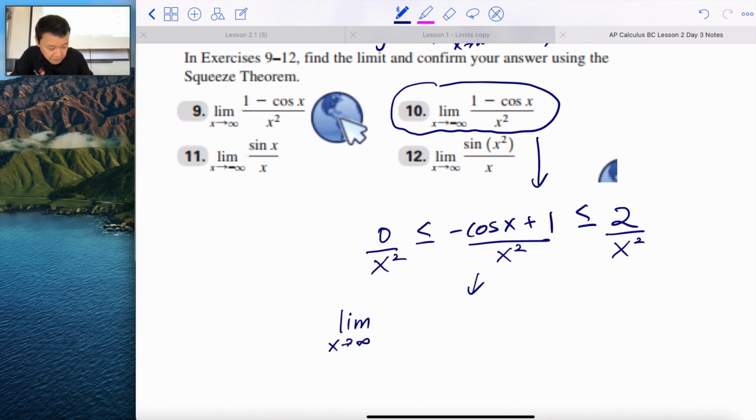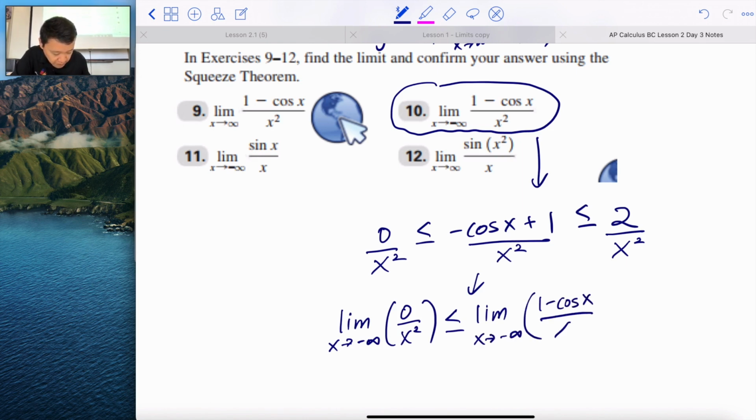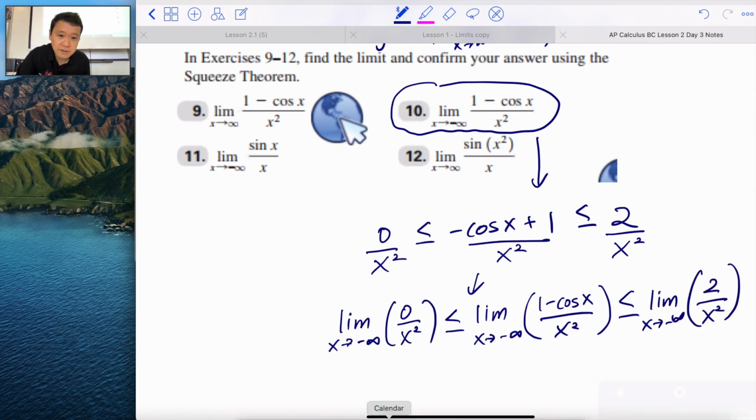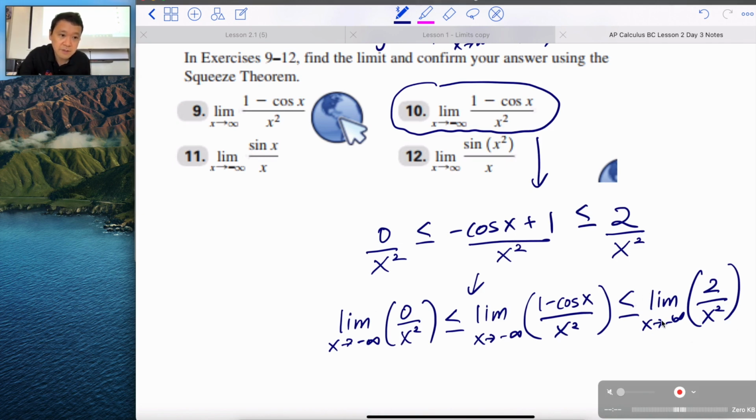As x approaches negative infinity, the limit of 0 over x squared is less than or equal to the limit as x approaches negative infinity of 1 minus cosine of x over x squared, which is less than or equal to the limit as x approaches negative infinity of 2 over x squared. My fingers are crossed that the left limit is equal to the right limit, so I could conclude that the middle limit must be the same as well.